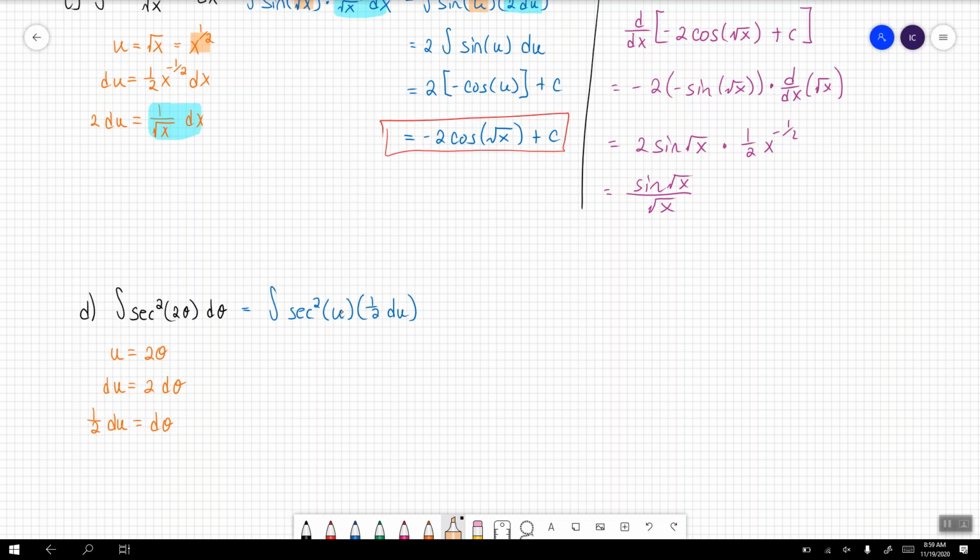Now again, my substitution here was that initial substitution. 1/2 du was my d theta.